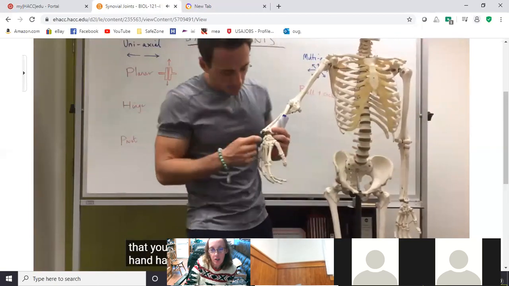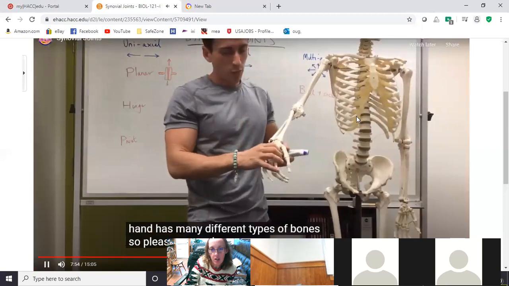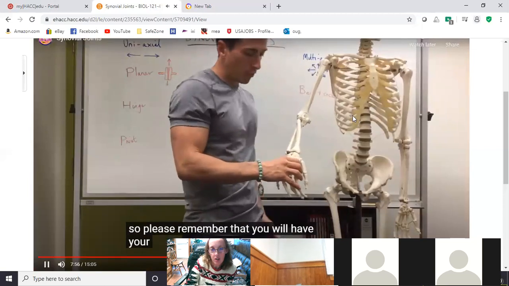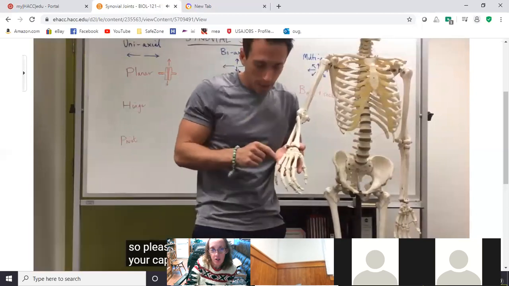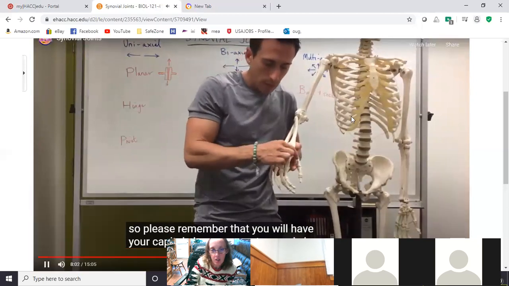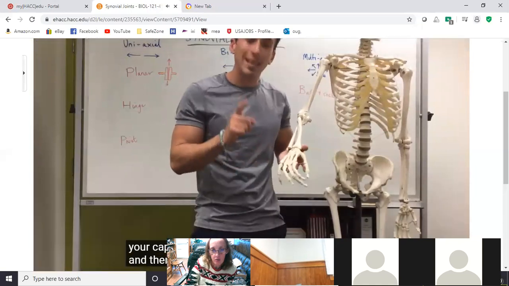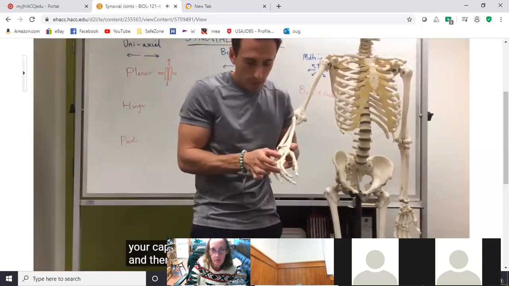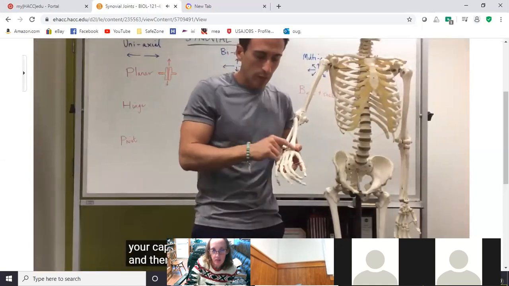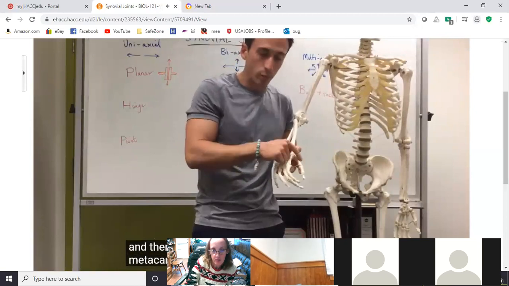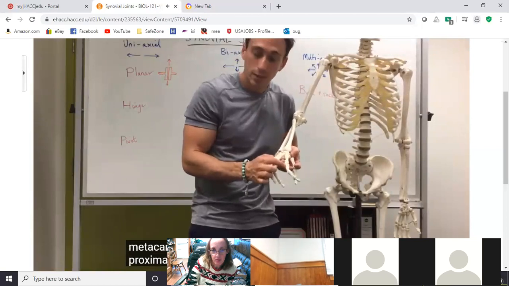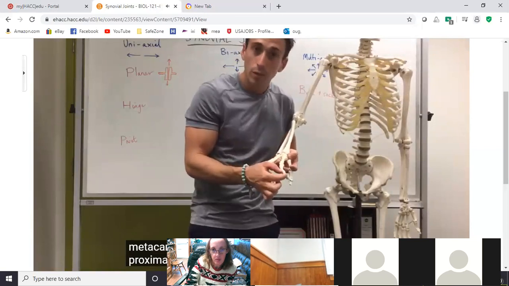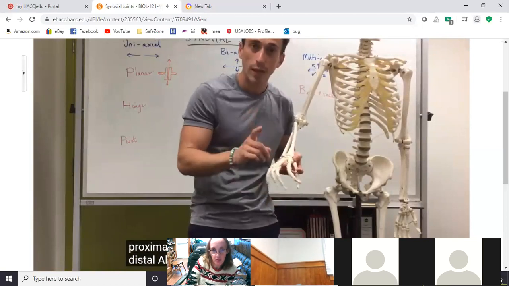Now, the hand has many different types of bones. So please remember that you will have your carpals here, your metacarpals here, and then your phalanges here. So carpals, metacarpals, then you can have your proximal phalanx, middle phalanx, distal phalanx.